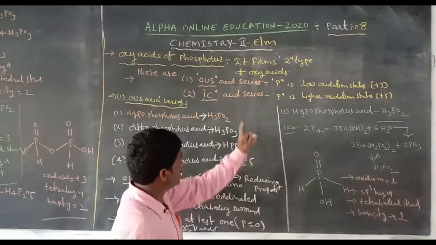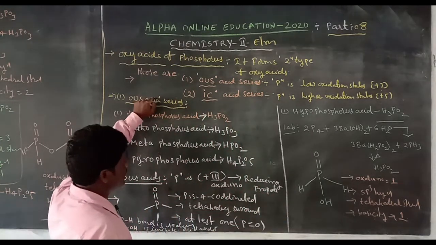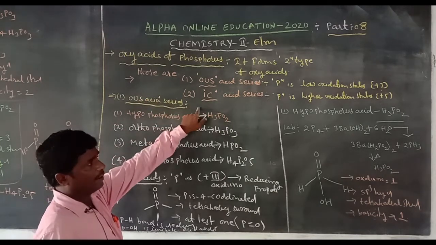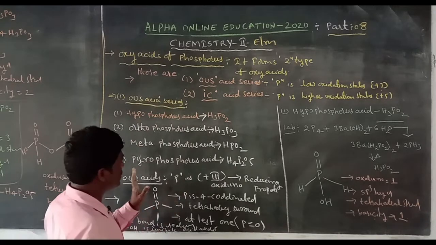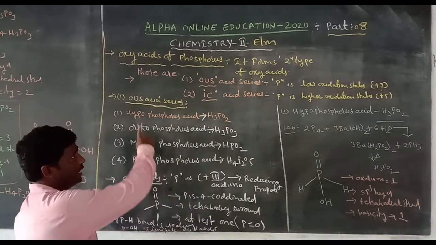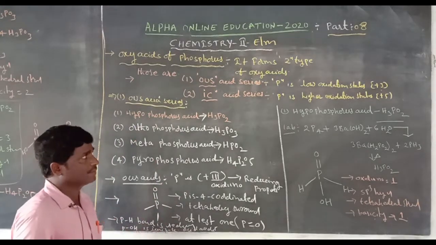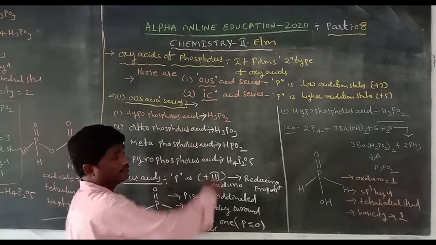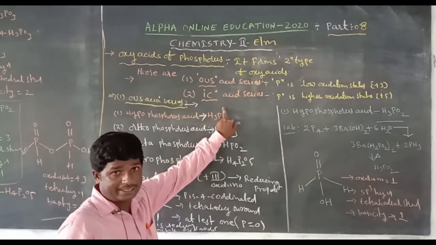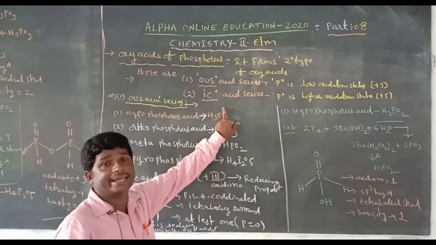The first one is the ous acids, also written as the phosphorus acid series. The ous acids are of four types. The first one is hypophosphorous acid. Ous acids mean that they exist in a lower oxidation state.